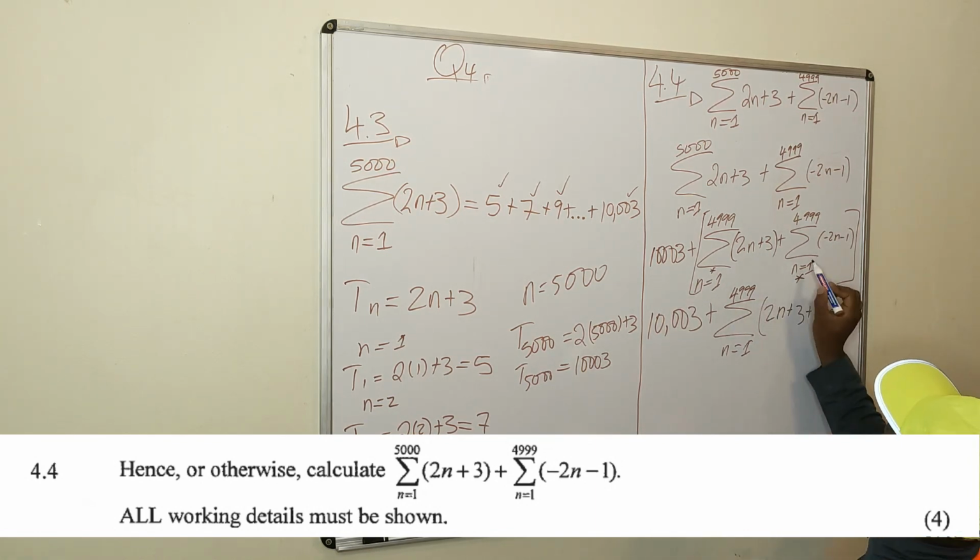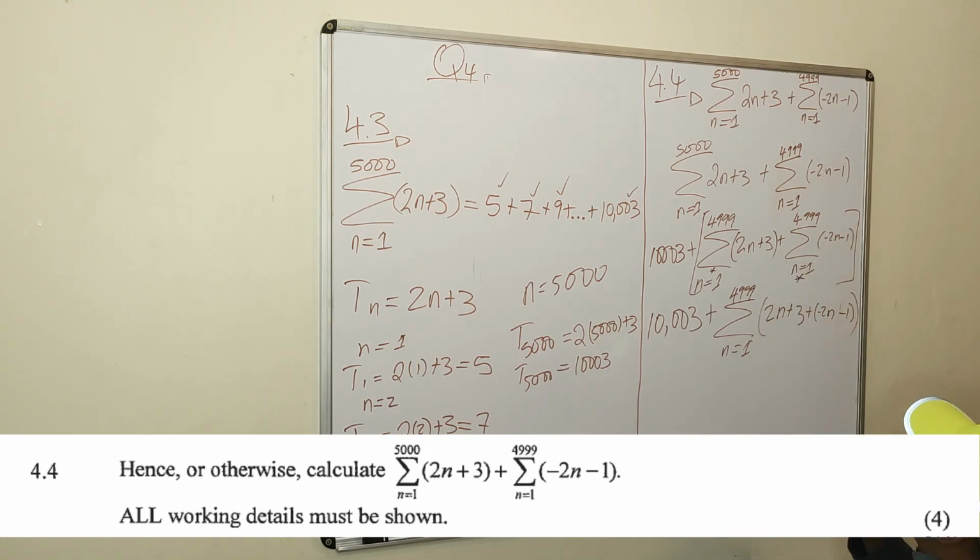So now we've taken the common factor, and then now we're adding these two. Then you'll find that you have 10,003 plus this from n is equal to 1 to 4,999. Then add this, and that goes away. Then what are you left with? You're left with 3 minus 1, which is 2.